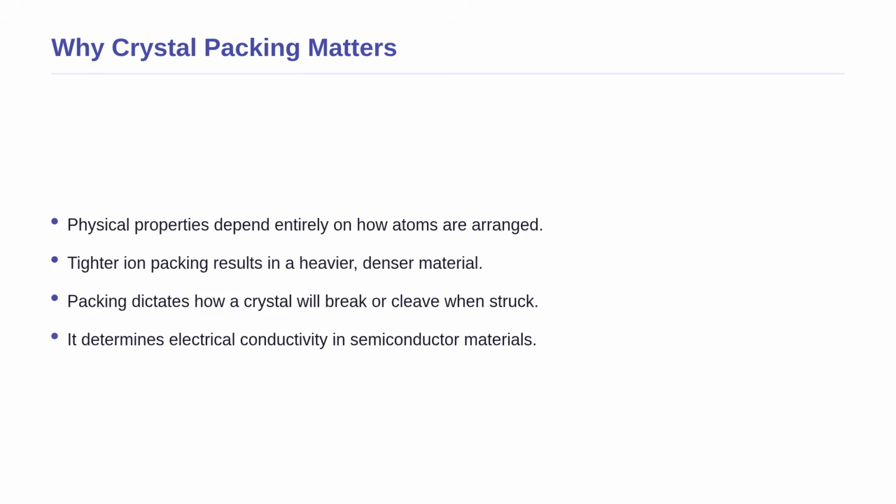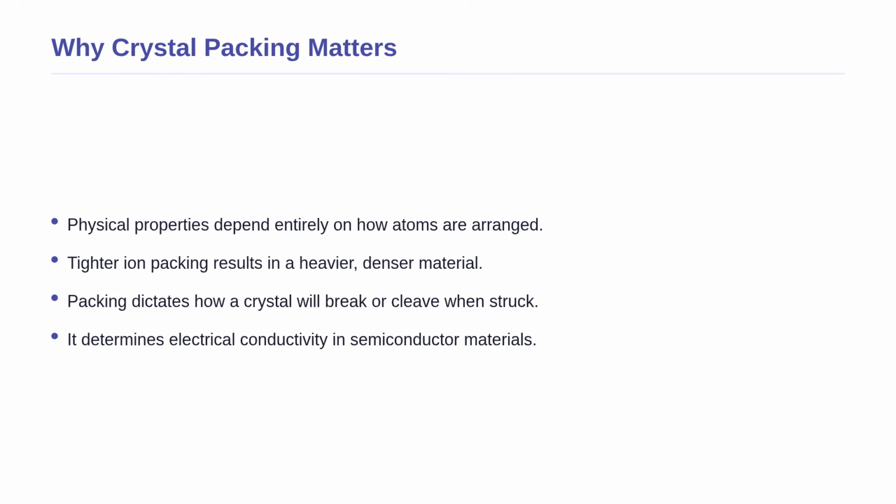Now that we have successfully calculated these formulas, we must ask why this matters. Understanding crystal ion packing is absolutely crucial because the physical properties of a material depend entirely on how its atoms are arranged. For example, how tightly ions are packed directly determines the density of a metal.